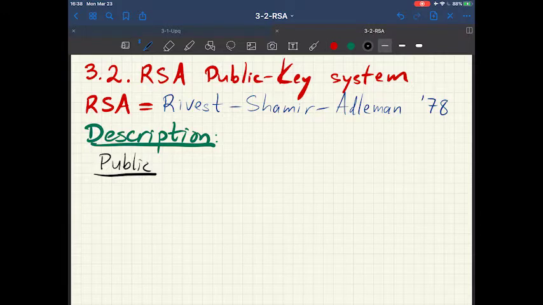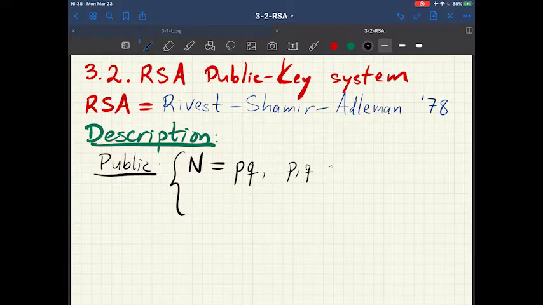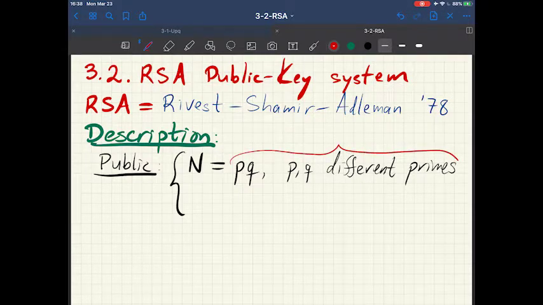The first public parameter is an integer n equal to the product of two different primes, just like in the previous lesson. Now, even though n itself is public, the primes P and Q are to be considered secret.